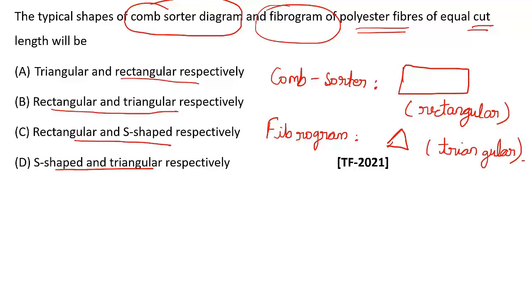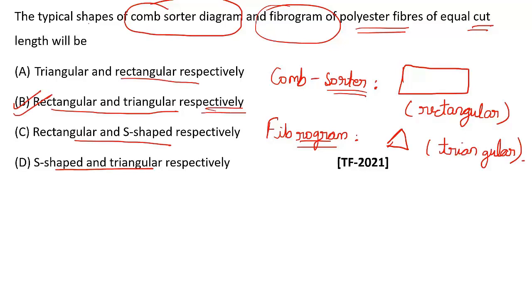So this is the correct option for comb sorter and fibrogram respectively. Match this: for comb sorter it is rectangular, and for fibrogram it is triangular. I think this is given in option B, so option B is the correct option.